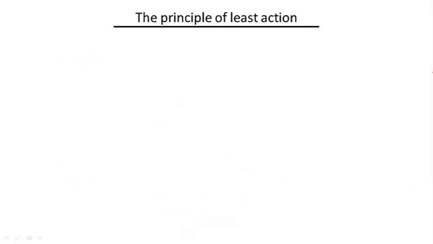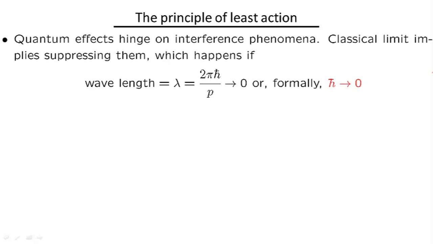Now let me go back to quantum physics, and we're going to see how the previous mathematical discussion becomes relevant. Remember my motivation in the very beginning: I said that I want to take the classical limit of my quantum mechanical theory. So what does it mean to take a classical limit?